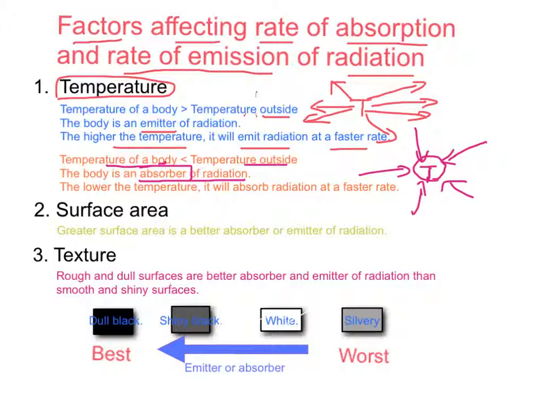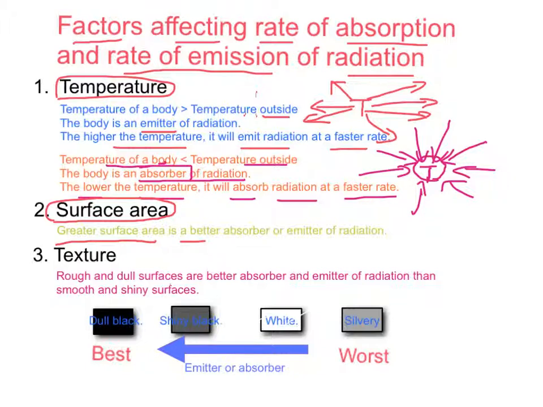In this case, the lower the temperature of the body, the faster it will absorb radiation. The second factor is surface area. The larger the surface area of a body, the better the absorber or emitter of radiation. The third factor is the texture of the body.